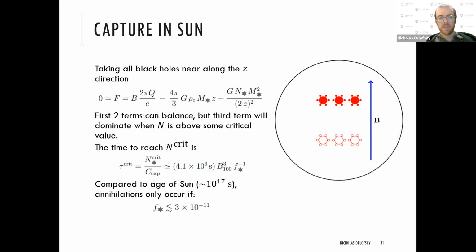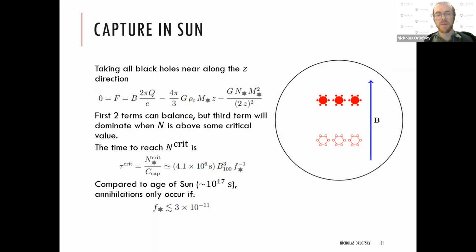As I said, if n is small enough, if the number of black holes is small enough, then the first two terms can balance. But once the number becomes large enough, then this third term dominates, and the whole system collapses. And it turns out that as long as they make up greater than about 10 to the minus 11 fraction of dark matter, then you always reach this critical number where they're able to efficiently annihilate with each other.